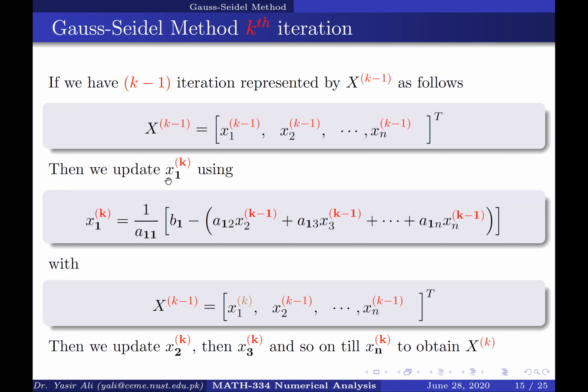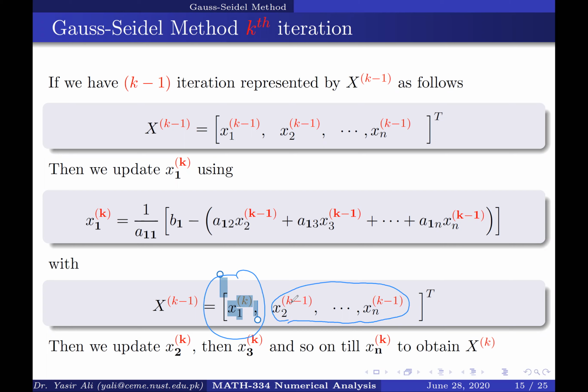We'll update x1 by using the first equation of the system, and then we'll replace x1 of the k minus 1 iteration with our newly found value of the first component, and the remaining components are not updated yet.